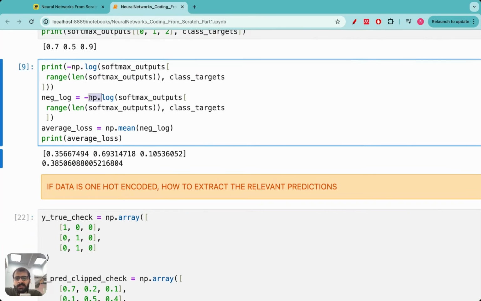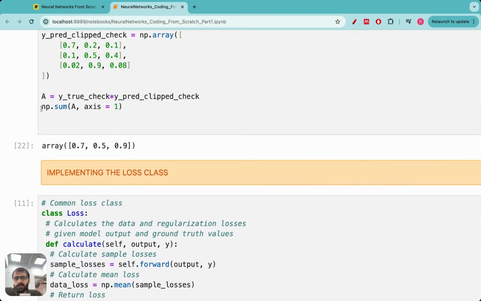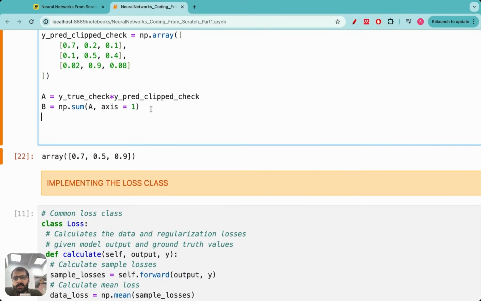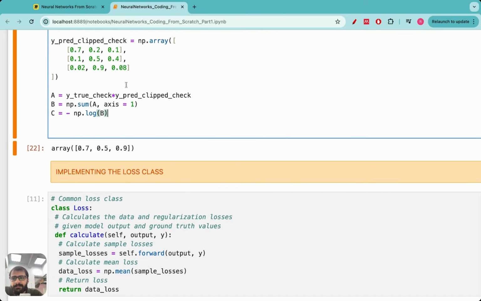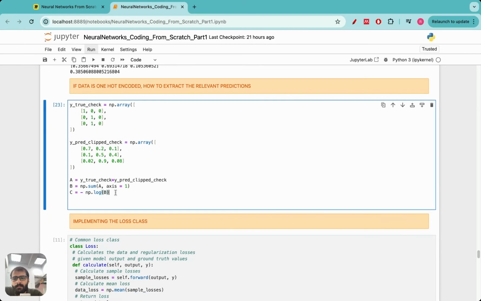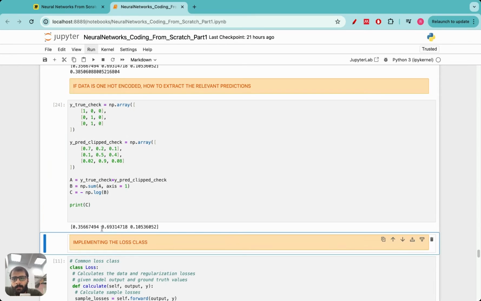And then we have to do the same thing. We have to take a negative log of this array and take the mean of this. So let me say B is this summation, and then C is equal to negative of np dot log B. So let me run this and let me print C.